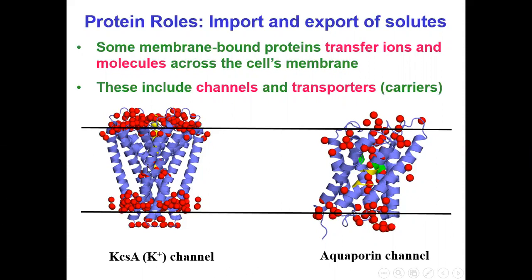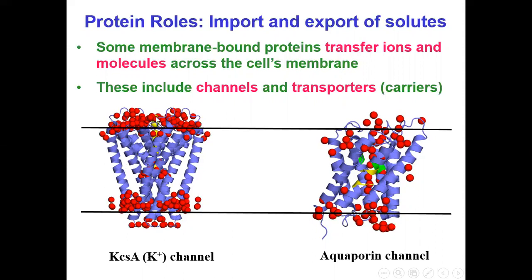The first solution involves proteins that contain hollow pores inside them, and these pores are filled with water, and they allow ions and small molecules to go through the pore. So this way, the molecule that crosses the membrane doesn't feel, so to speak, the lipid membrane around it.